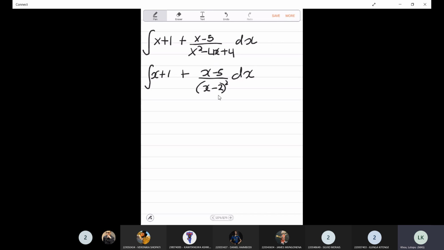So here we have a linear factor, but it is repeated. So we have x minus 5 over x minus 2 squared. We'd write this as a over x minus 2 plus b over x minus 2 squared.